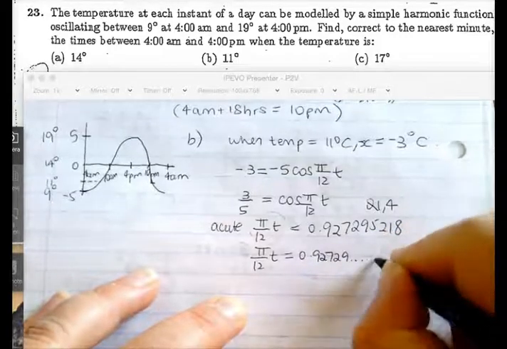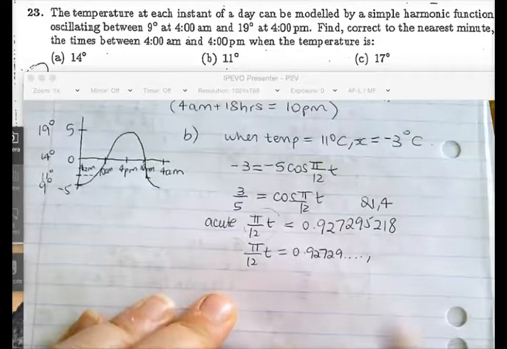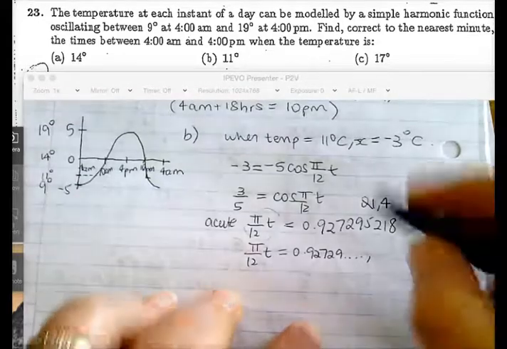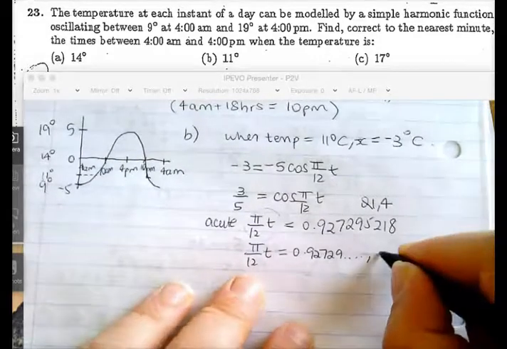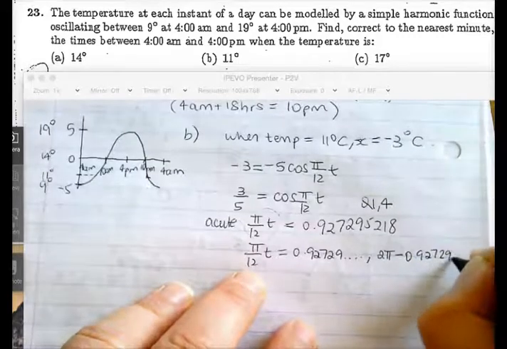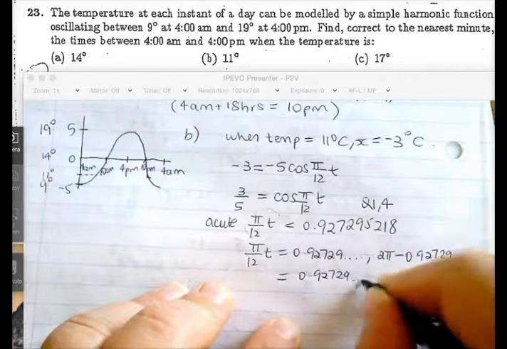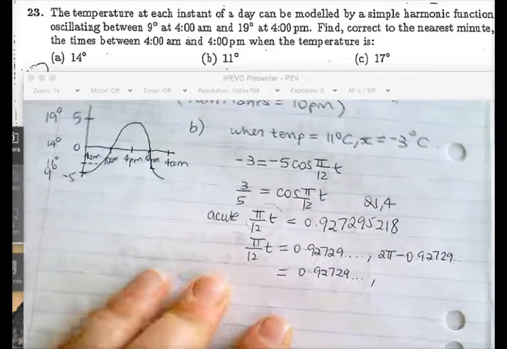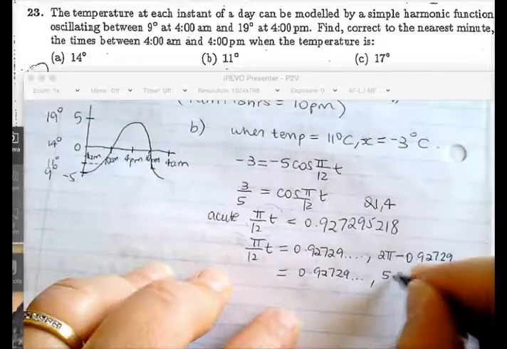How do I do the quadrant 4 answer? 2 pi minus that. So keep that in your calc and go 2 pi minus that answer. So it's 0.92729, comma. I'm expecting 6.5 point something. 5.355.